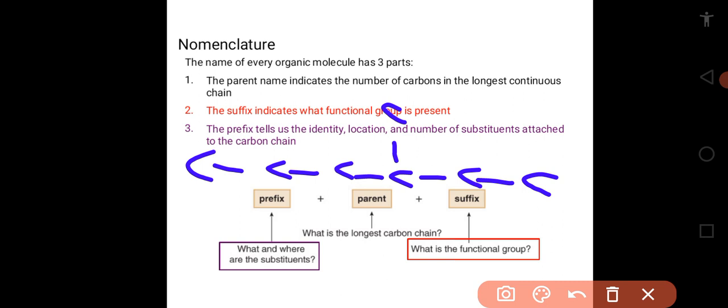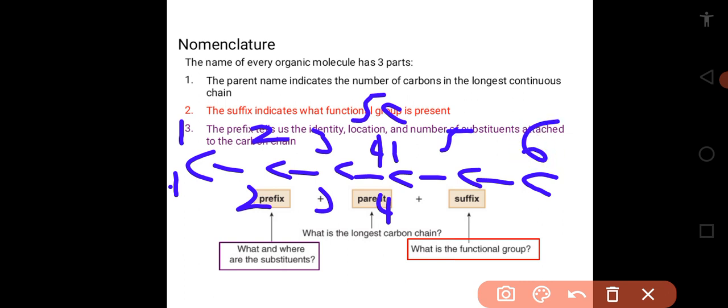So you can start counting from here, 1, 2, 3, 4, 5. If you follow this direction, the longest carbon chain is 5. But if you follow this direction, 1, 2, 3, 4, 5, 6, you see that the longest carbon chain is 6. So we will go with 6, not the first one with 5.